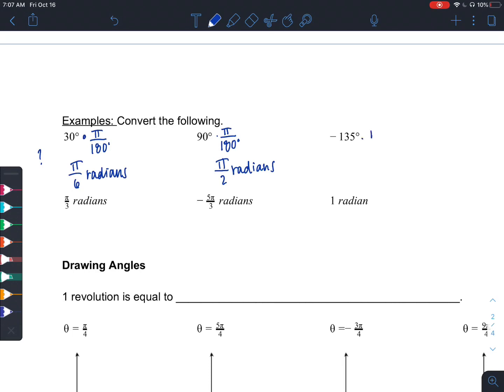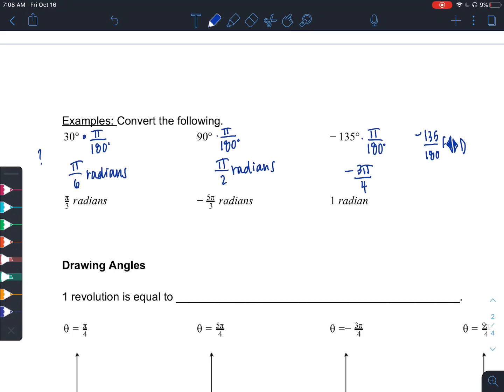Negative 135, we end up with negative 3 pi over 4. If I were typing this into a calculator, I would just type negative 135 over 180, and then I would use the fraction to decimal button, and it'll put it in simplified form for you.